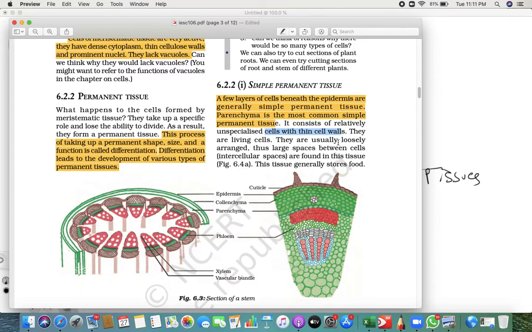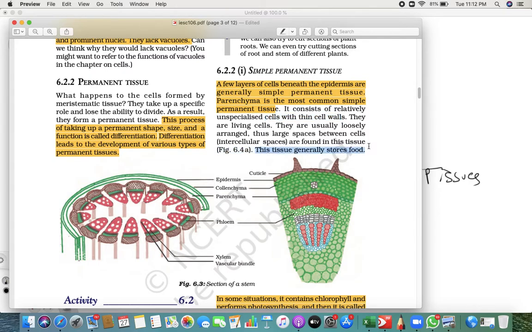Loosely arranged means they are not closely packed, so it has large spaces between them, and thus this tissue generally stores food. So which tissue generally stores food? Parenchyma. They have spaces in between the cells, right? So it is loosely arranged, and the more important thing is that this cell stores food.